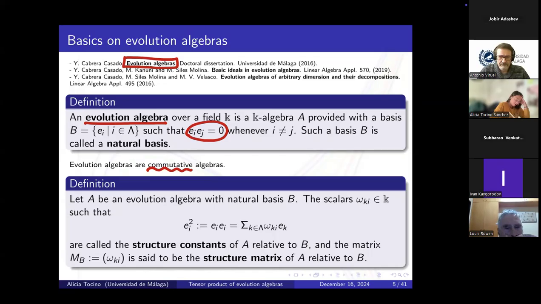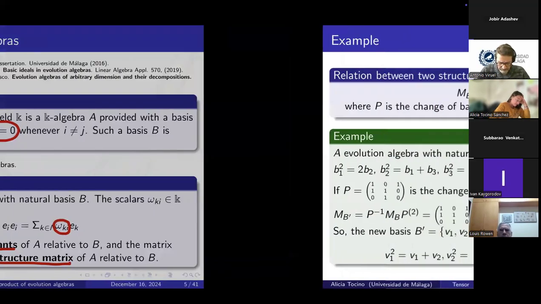Since we have only the product of each element of the basis with itself, if we write this product as a linear combination of all the elements in the basis, we have some constants that we call structure constants. And we can construct a structure matrix from these constants.